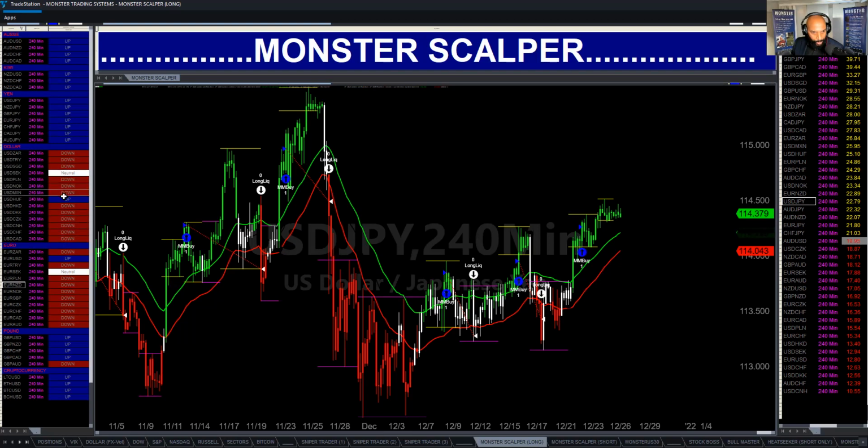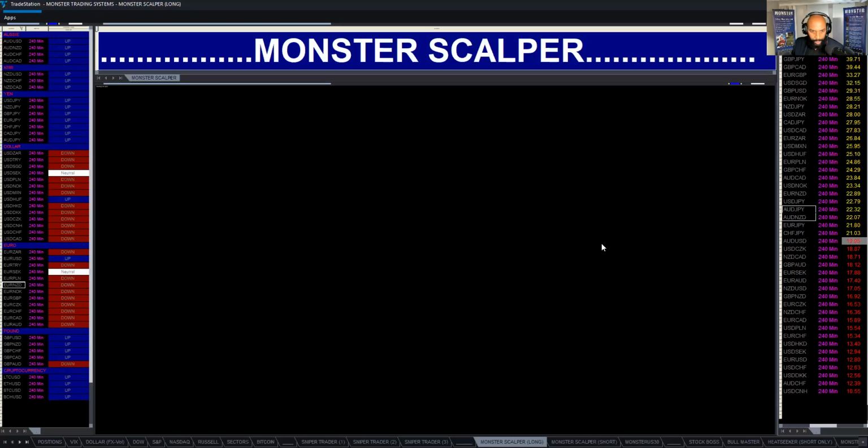So you don't expect a lot of upward momentum, because these dollar pairs are all trading to the downside. So I would be concerned about the dollar. I don't really like trading the dollar pair.